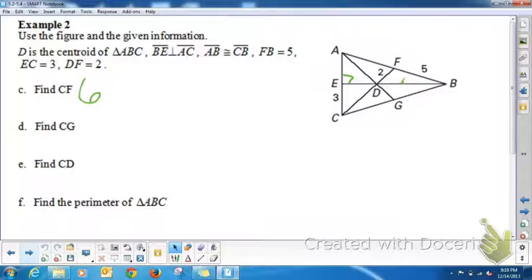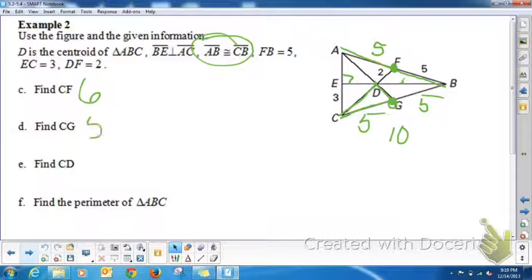What is C to G? How would I find that? Well, these are medians, so that means that's the midpoint. If this is 5, this is 5. Remember, AB was congruent to CB, so this whole side is 10. These are medians, so they meet at the midpoints. So that would be 5 and 5.